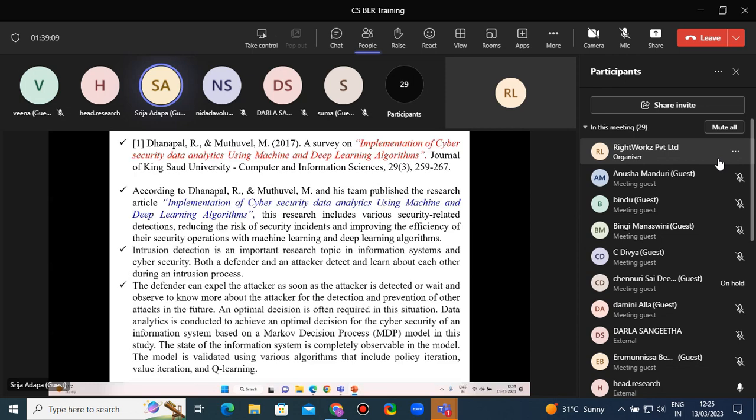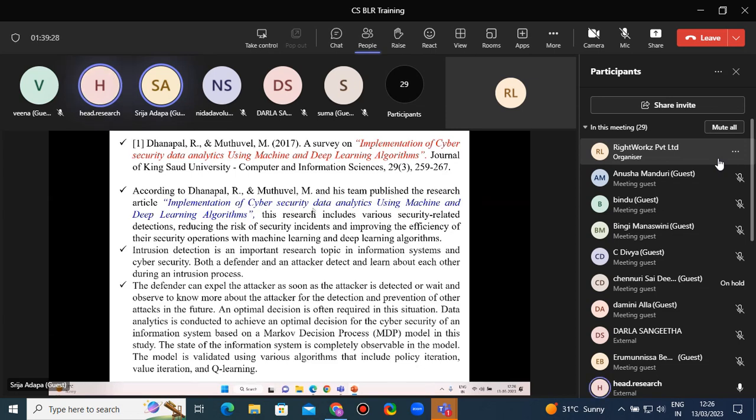Here we have taken one paper: Dhanpal R., Mudgal M., "A survey on implementation of cybersecurity data analytics using machine learning and deep learning algorithms," Journal of King Saud University - Computer and Information Sciences.